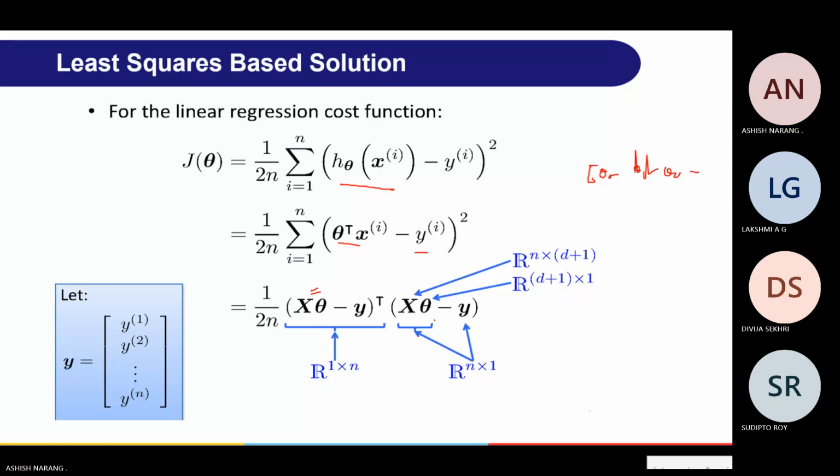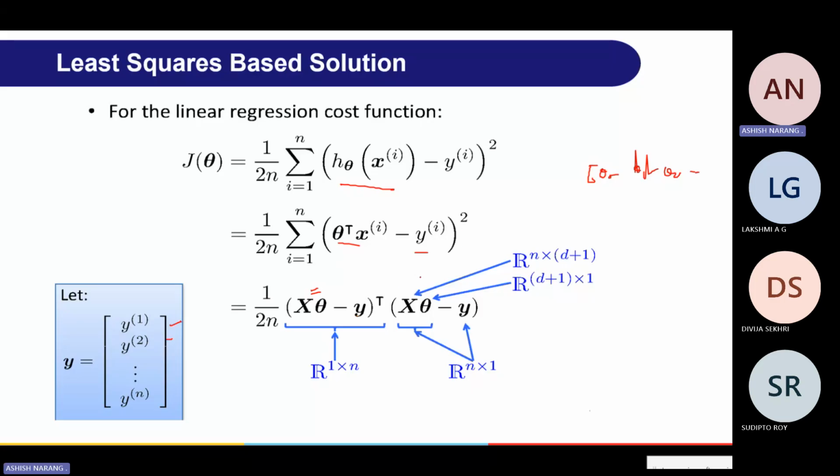Now what is y? Y is another vector of outputs. So what is the output corresponding to the first record? What is the output corresponding to the second record? What is the output corresponding to the third record, and so on. And this is the cost function when I write it this way, X theta minus y. And then X theta minus y, because this was a square term.